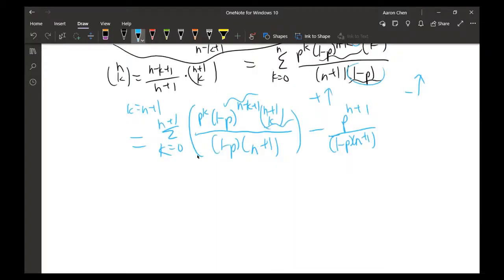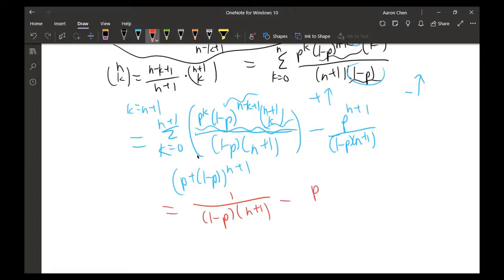Finally, we can see that this sum is a binomial expansion of p plus 1 minus p to the power of n plus 1 in the numerator. So this is equal to 1 over 1 minus p times n plus 1, minus p to the power of n plus 1 over 1 minus p times n plus 1.